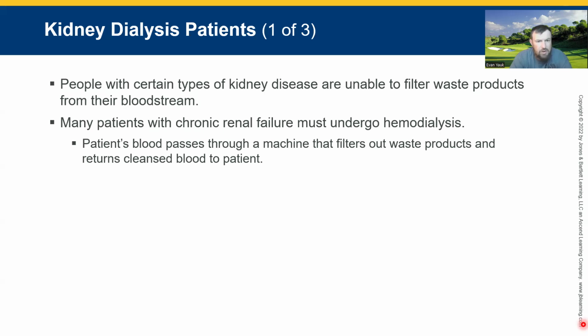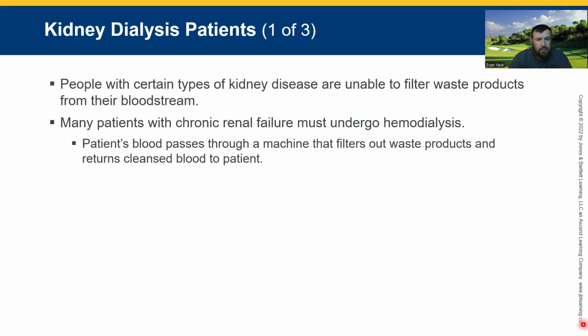Many patients with chronic renal failure must undergo hemodialysis, where hemo means blood, okay? The patient's blood passes through a machine that filters out waste product and returns cleaned blood to the patient. So that is what dialysis is. It cleans the blood in a machine because your body is unable to do it.